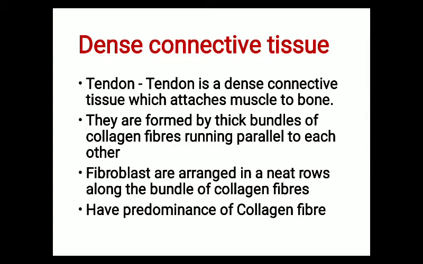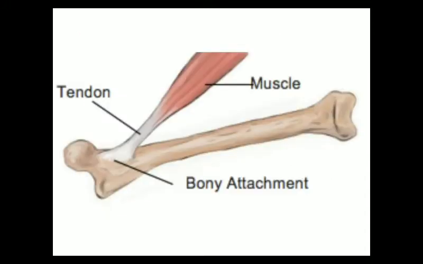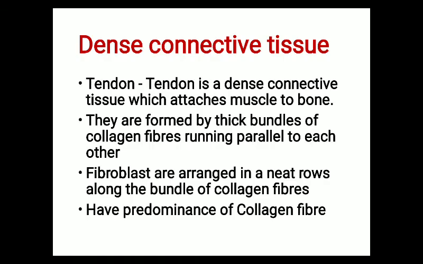Tendons are formed by thick bundles of collagen fibers running parallel to each other, and fibroblasts are arranged in neat rows along the bundles of collagen fiber, with a predominance of collagen fiber. So in tendons, we see thick bundles of collagen fiber running parallel to each other, and fibroblast cells arranged in a row along the bundles.